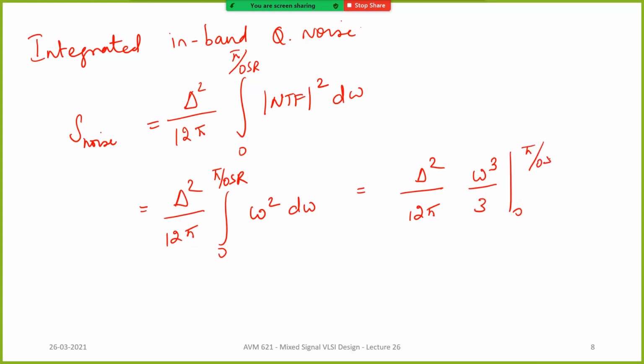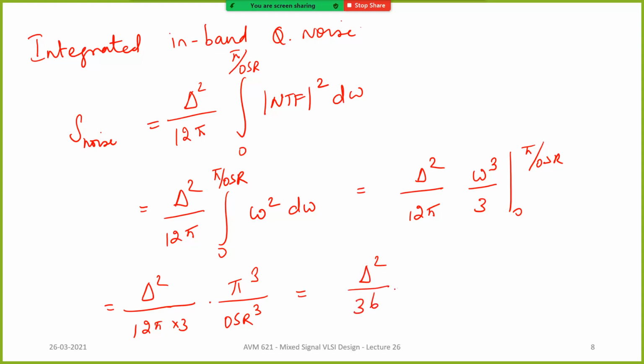So if you expand it, what will you get? Delta squared by 12 pi into 3, you will have omega cubed, so it will become pi cubed divided by OSR cubed. So what will you get here? You will have delta squared by 36 times pi squared by OSR cubed.